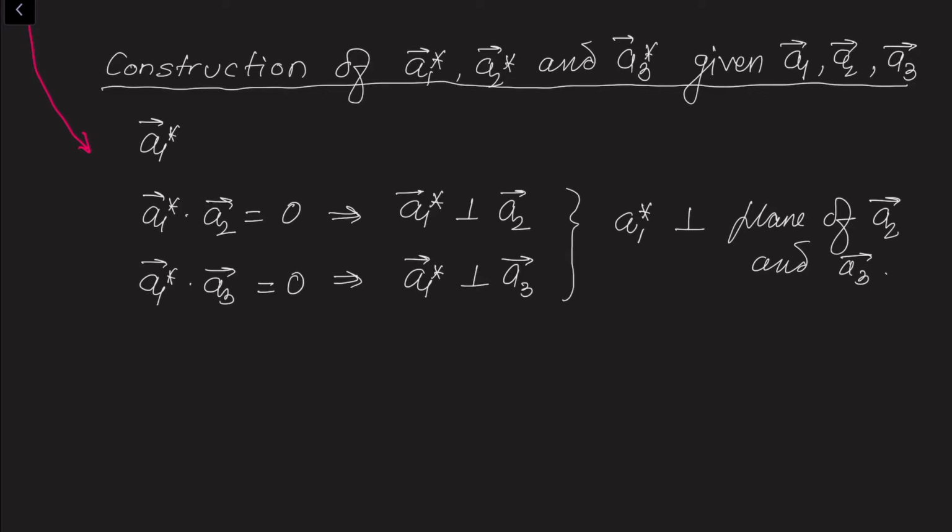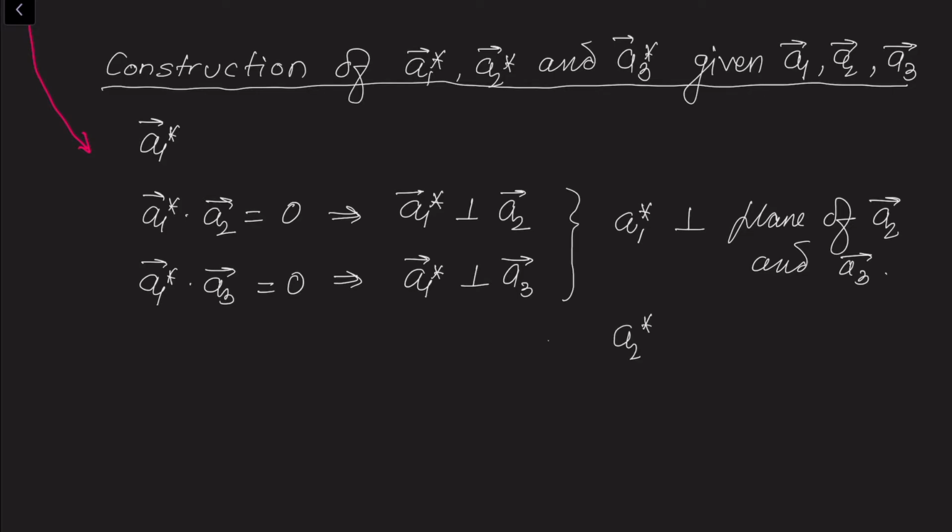Now, a vector which is perpendicular to a plane defined by 2 vectors, we know a special vector which is perpendicular to both A2 and A3, and that is the cross product.